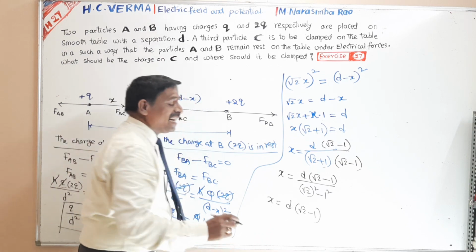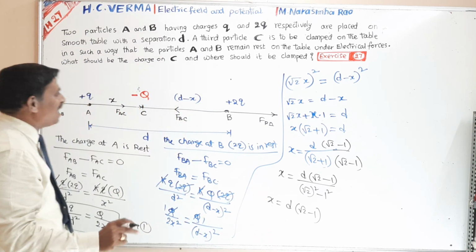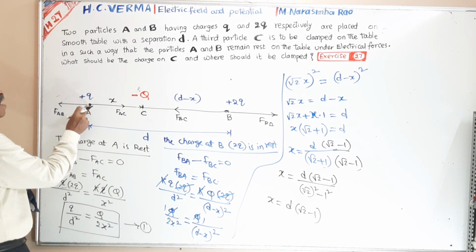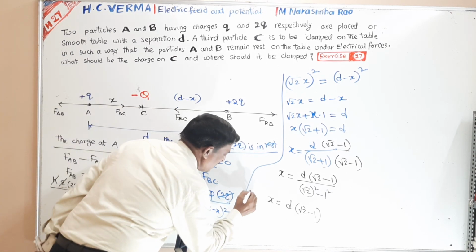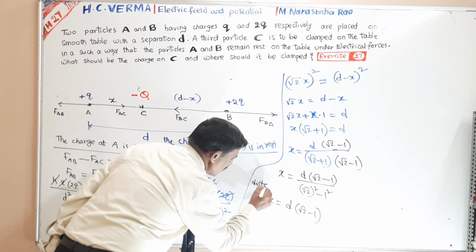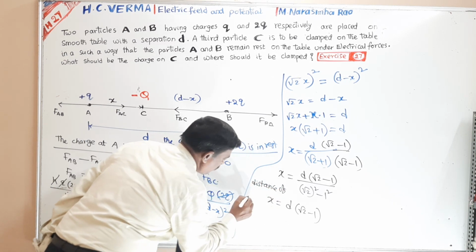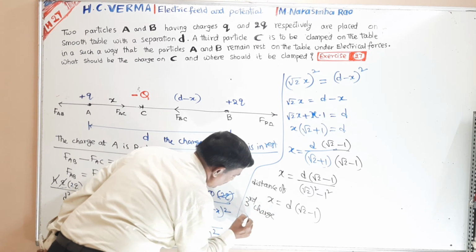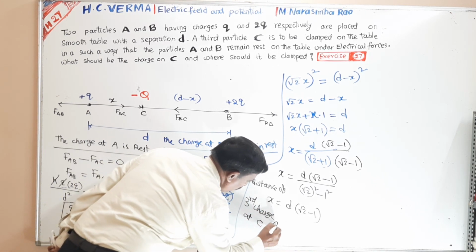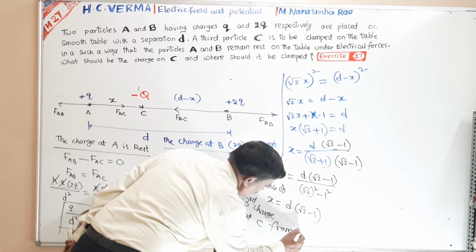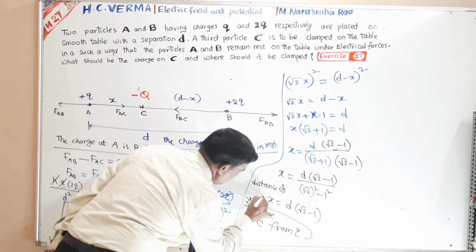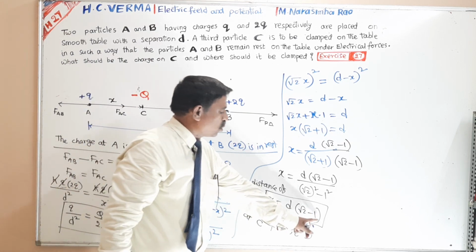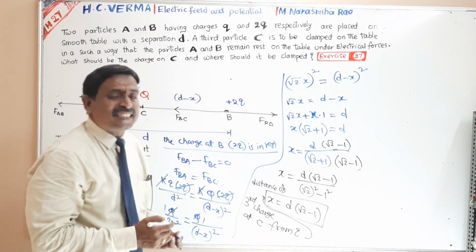Now X represents the distance of the charge Q from the smaller charge A. Distance of the third charge at C from small q is X equals D into root 2 minus 1 meter. This is the distance.